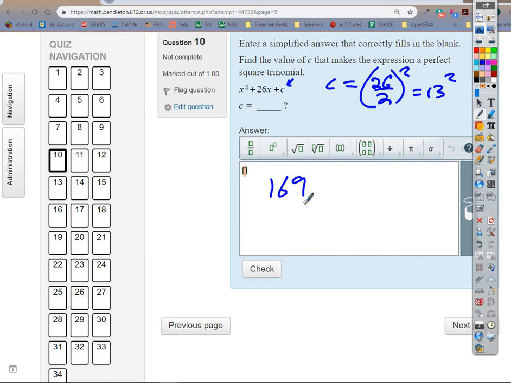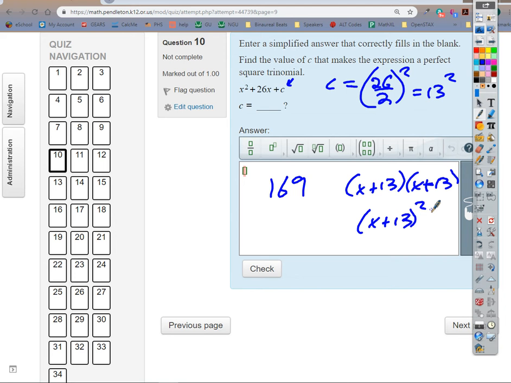How would you check it? Plug it in, and then find the magic numbers. The magic numbers that multiply to 169 and add to 26 are x plus 13 and x plus 13, which is x plus 13 squared. So we made it a perfect square trinomial.